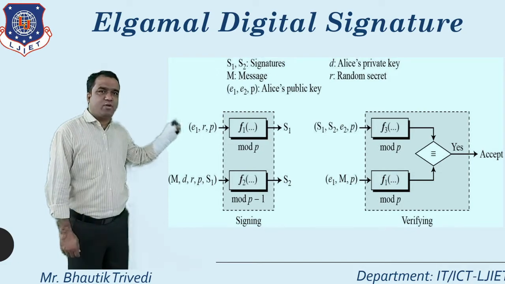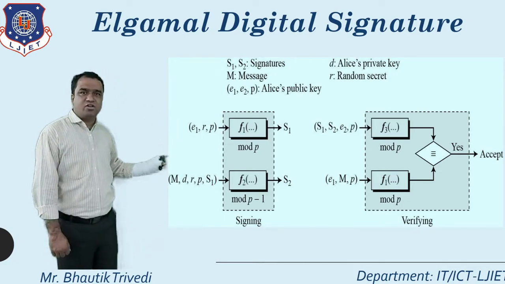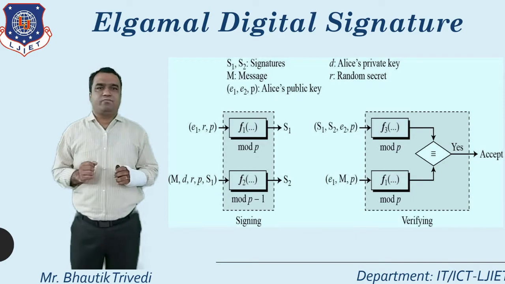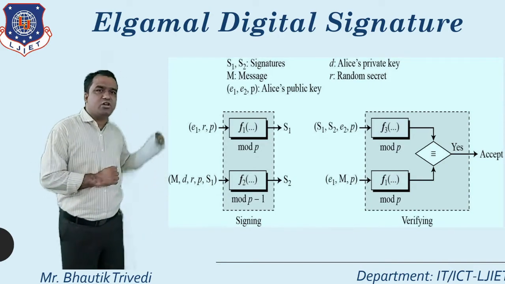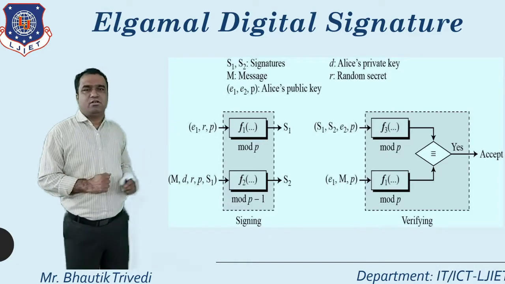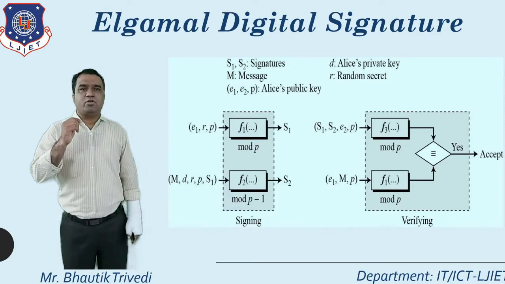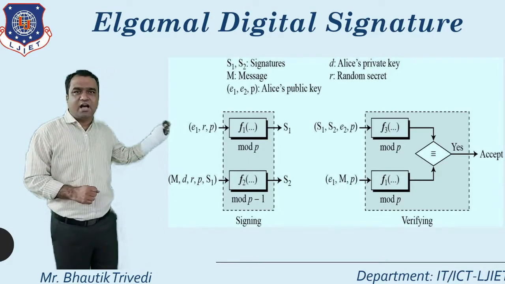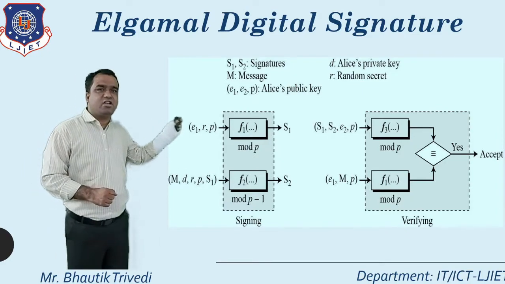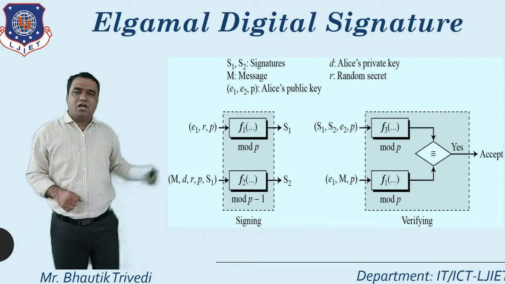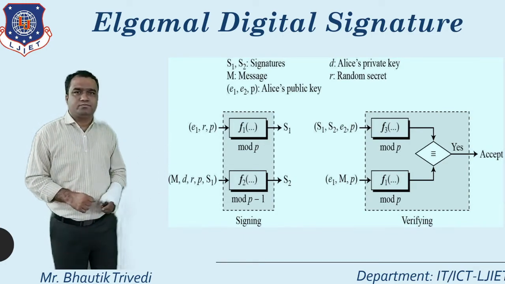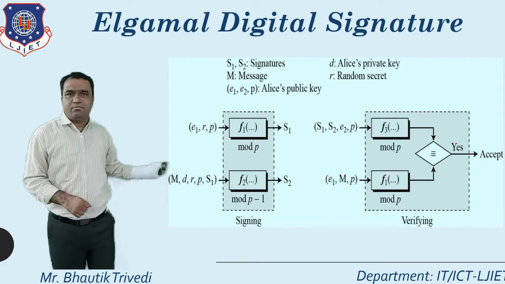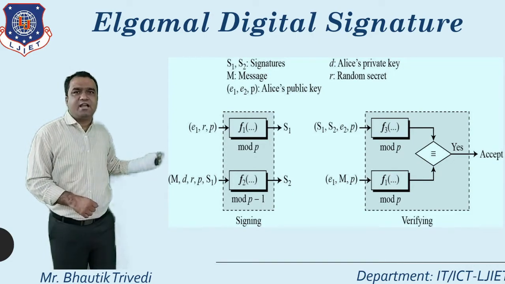Function F1 provides the output S1, and function F2 provides the output S2. For function F1, the inputs are E1, R and P. For function F2, the inputs are M, D, R, P and S1.